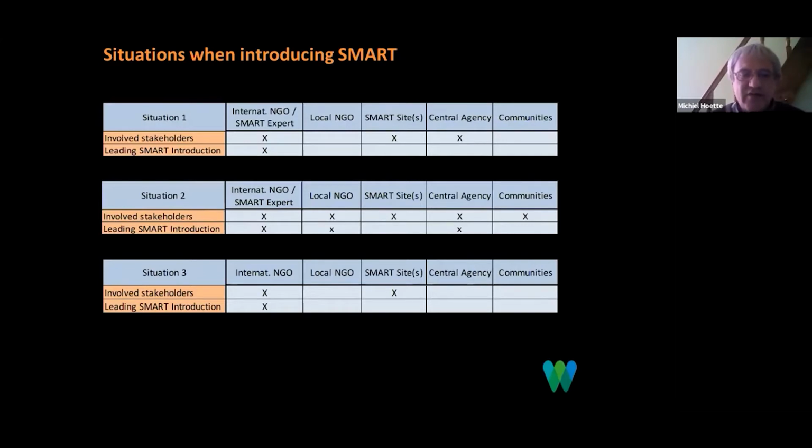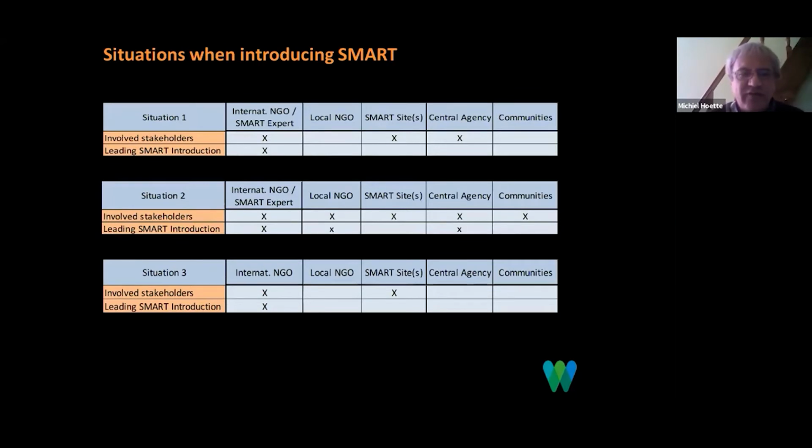So basically, we took the initiative. There's unfortunately no involvement at all from the ministry, from the central agency, and it is probably quite uncommon. They know that we're using SMART, they're not against it, but they do nothing to support the process. There are also no local NGOs or communities involved.